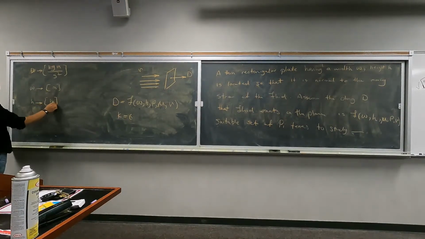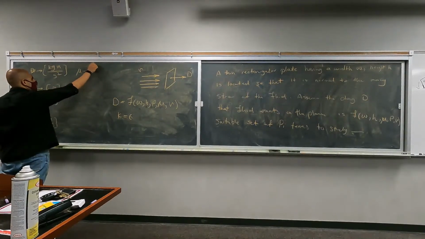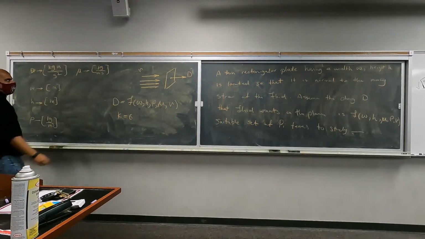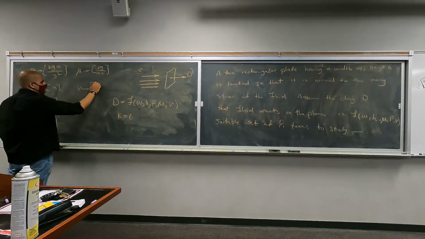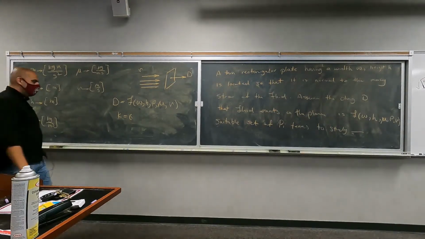You should get the same results. Height is also meters. Density is kilograms per cubic meter. Viscosity was kilograms per meter second. And velocity is meters per second. Okay, so how many primary dimensions are present here? 3, right? That's usually the case.